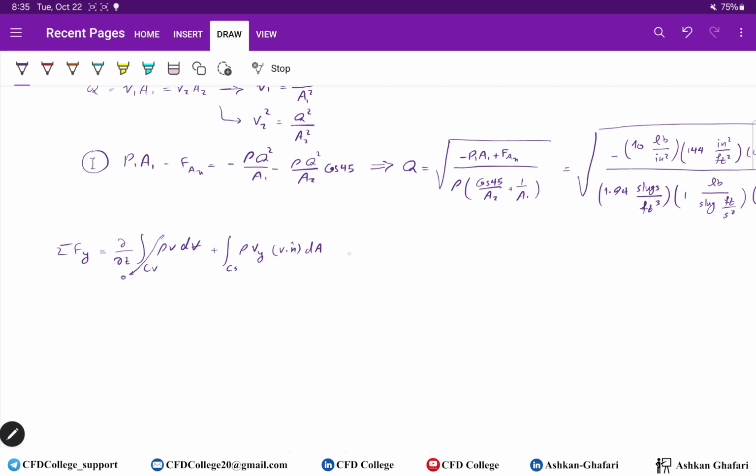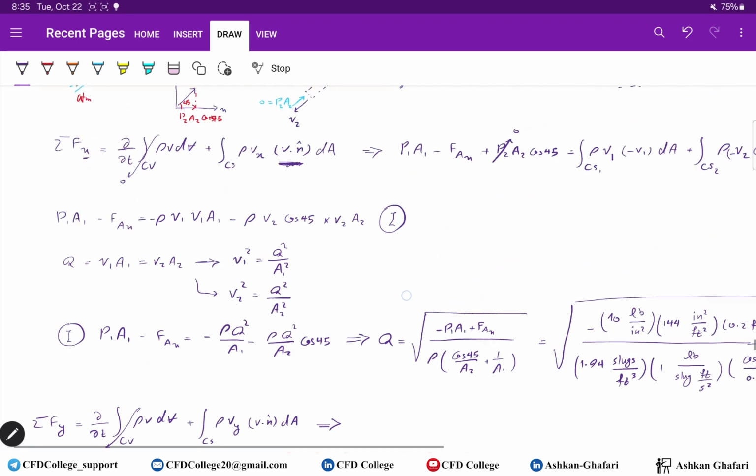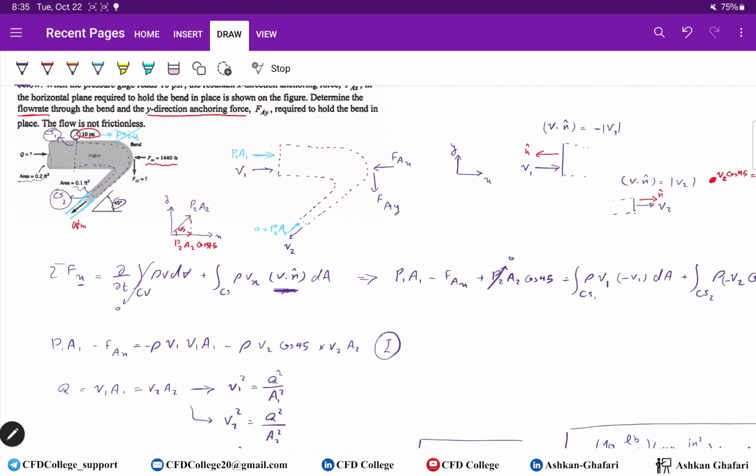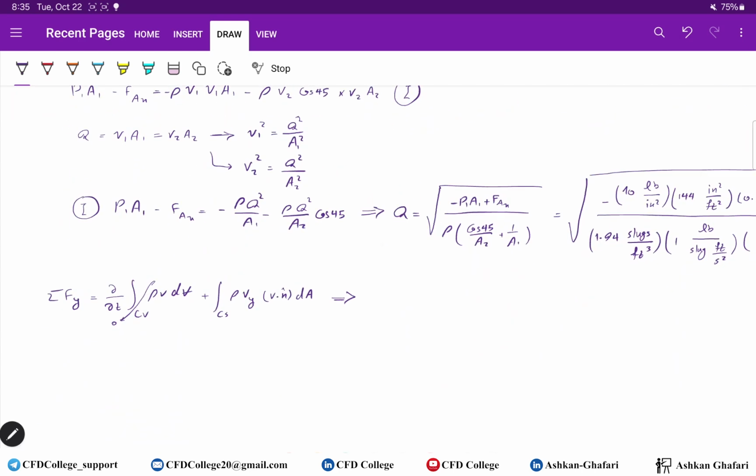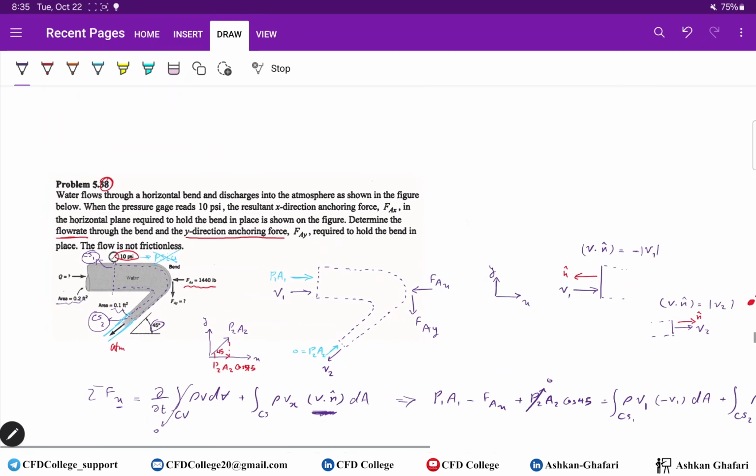Okay, let's see what we have. In y direction we only have FAY because P2A2 is 0. If it wasn't, P2A2 had a component in y direction, but P1A1 doesn't have any component in y direction.